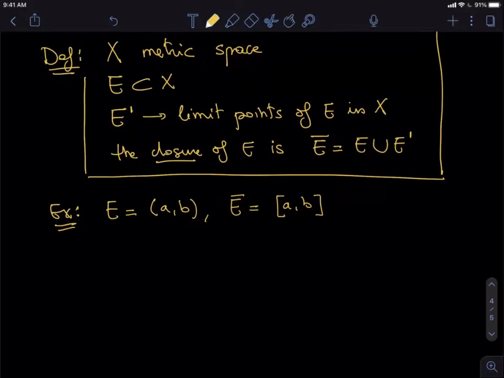So we have a theorem. Sometimes this is very useful because it allows us to show that some set is closed. You will see what I mean.